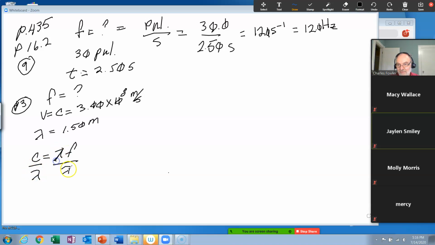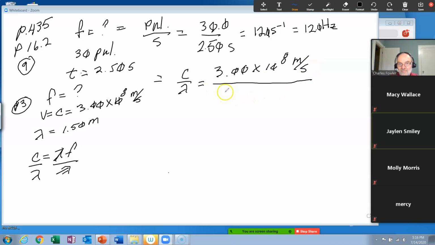and the lambdas go out here, and frequency then would be equal to C over lambda, which would be 3.00 times 10 to the 8th meters per second divided by 1.50 meters.